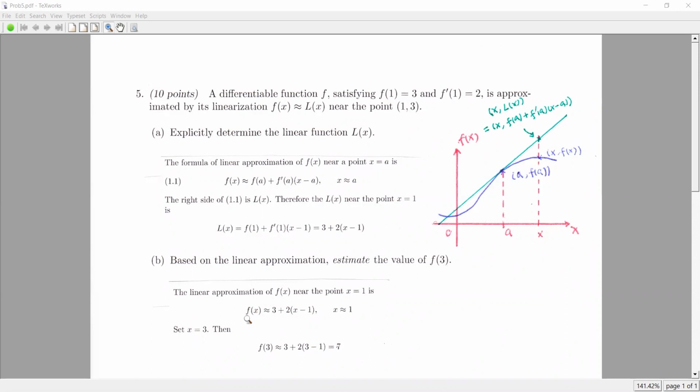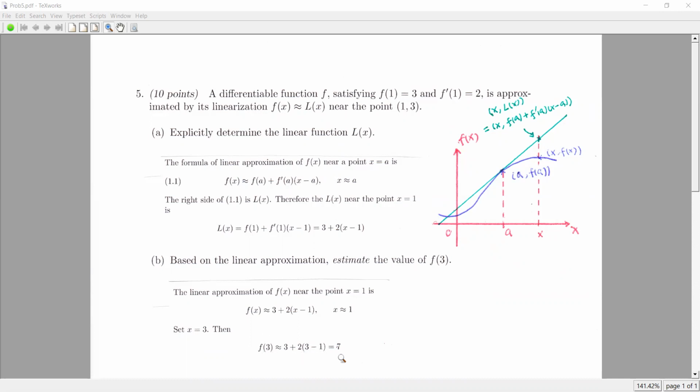The left side is function f, a curve. The right side is the tangent line to the curve at the point 1. In this approximation, I set x to 3. Then I have this approximation. So function value at 3 roughly is 7. 7 is the value of the tangent line at the point 3.